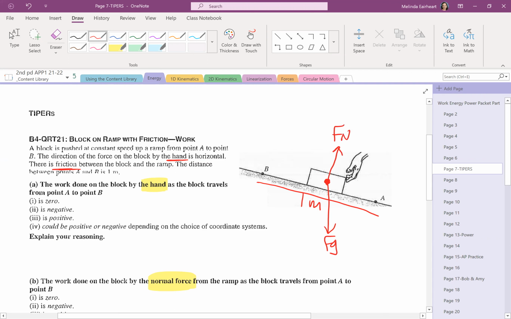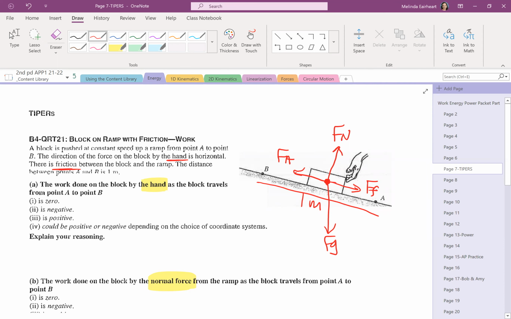Perpendicular to the surface. And then we've got the applied force. The hand is pushing it. What direction? Up the ramp. And then friction, they mention, is probably down the ramp, that resistive. Everybody good there?